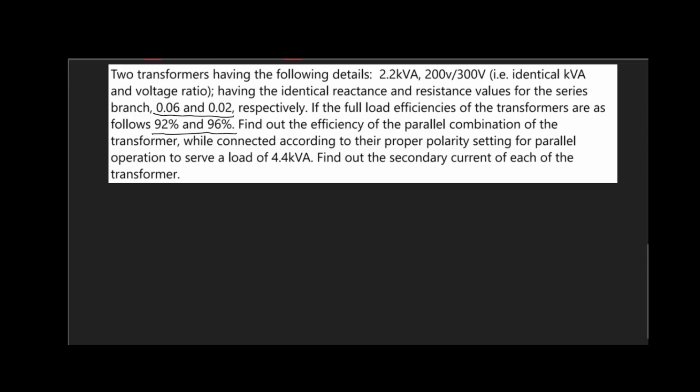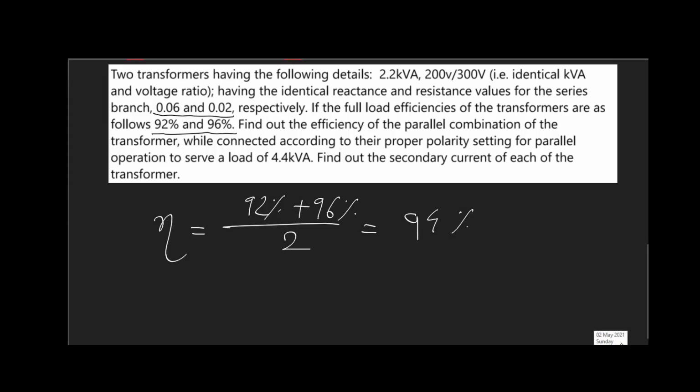So basically the efficiency of this combination will become an average of these two, because the loading is going to load both participating transformers equally, as per their full load condition. So both of them will operate at their full load efficiency value, and the combination efficiency will become the average of these two efficiencies. Therefore it is 94%, right?